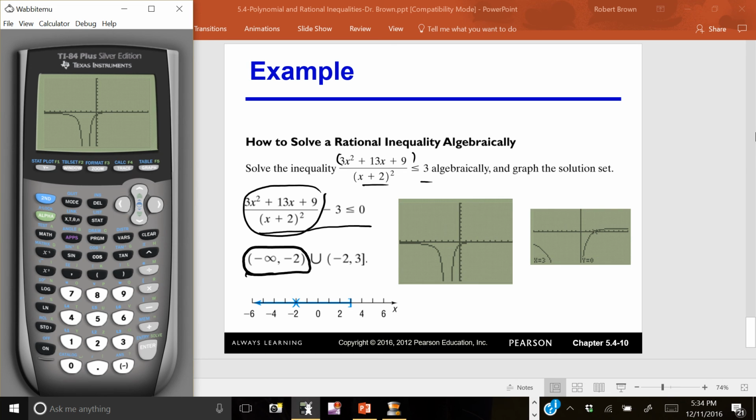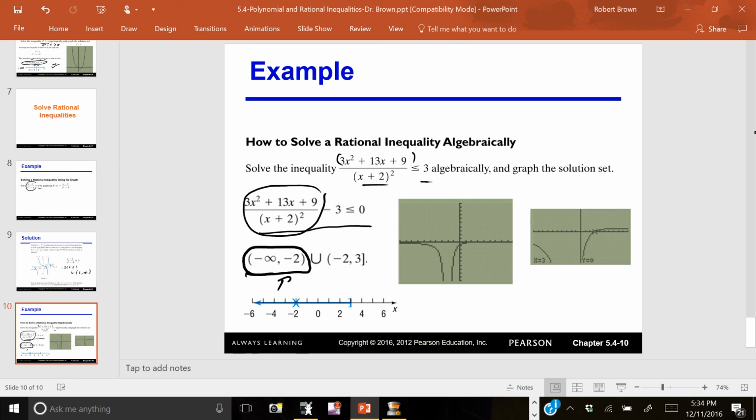So the full solution is minus infinity to minus 2, union with the interval from minus 2 to plus 3, including 3. And that is section 5.4.